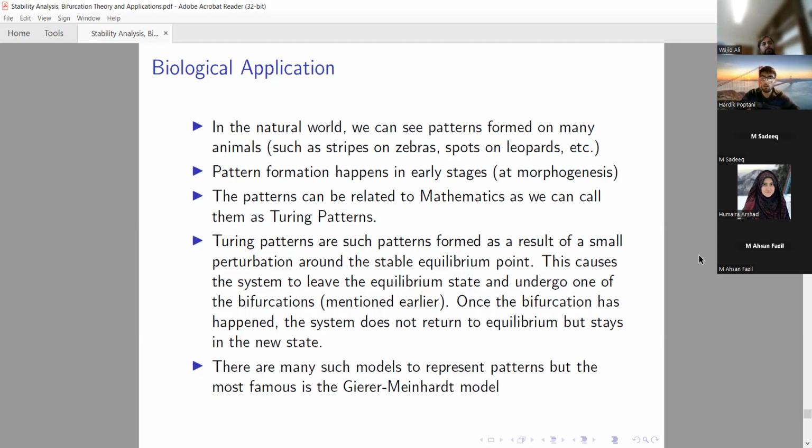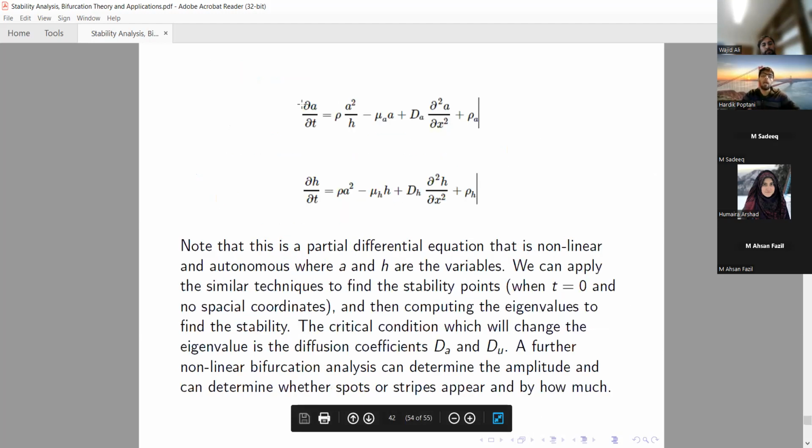For the purpose of this presentation, we'll just use the Gierer-Meinhardt model, where A and H are two variables. One is the activator chemical and the other is the inhibitor chemical. Of course, the inhibitor inhibits the growth of A, as we can see here.